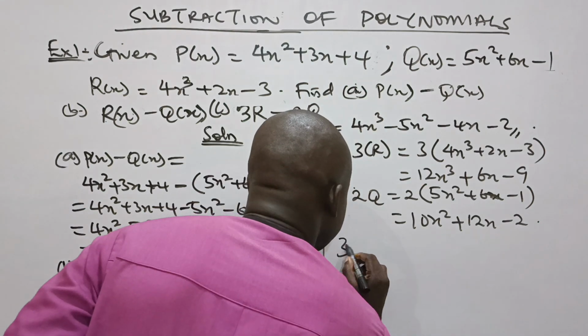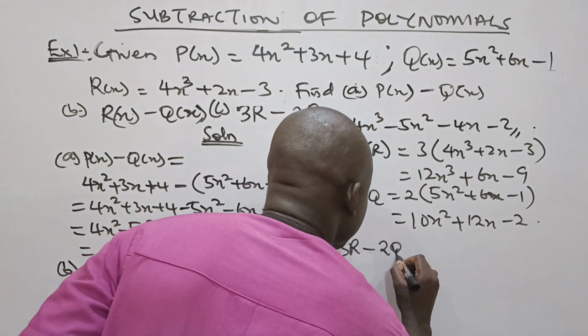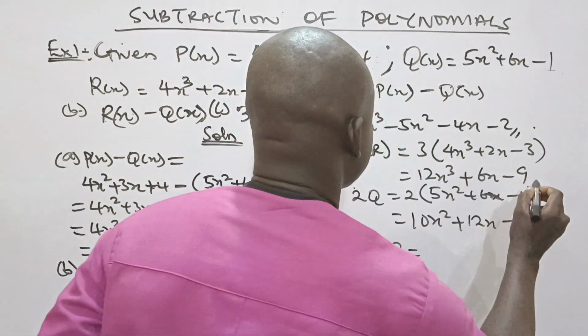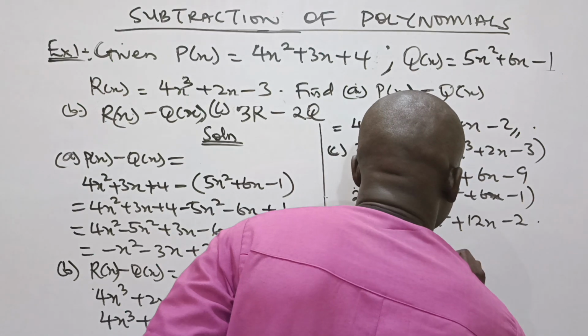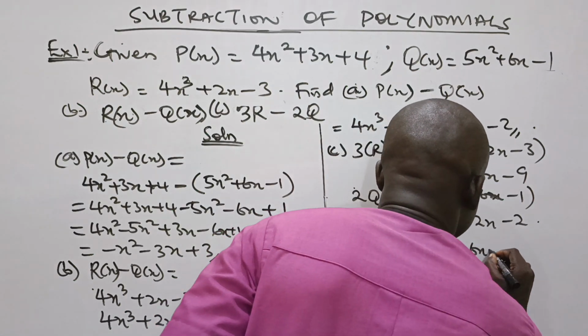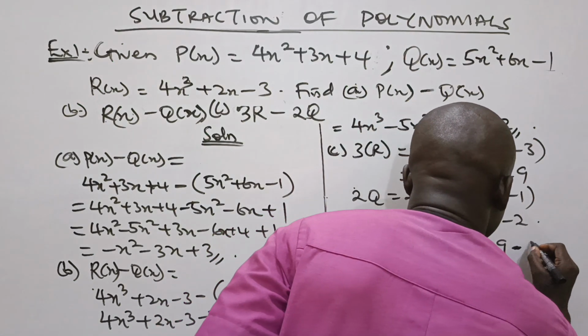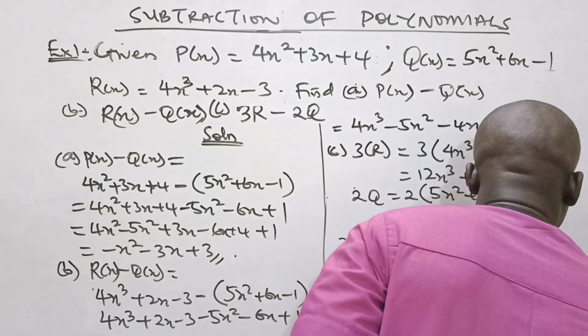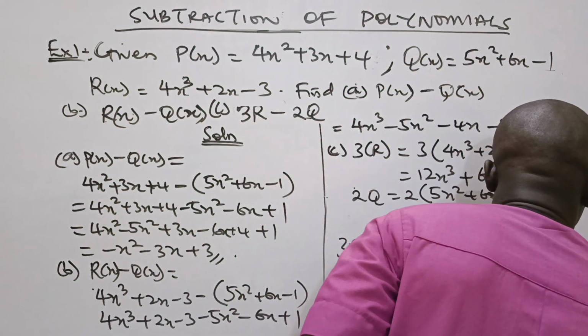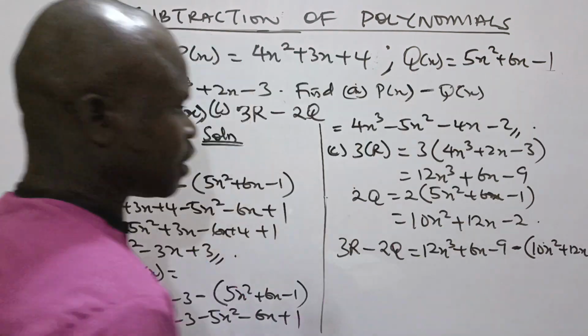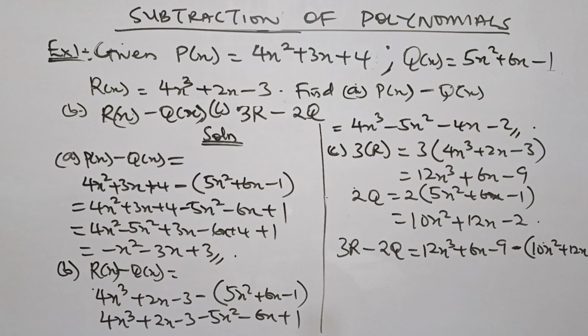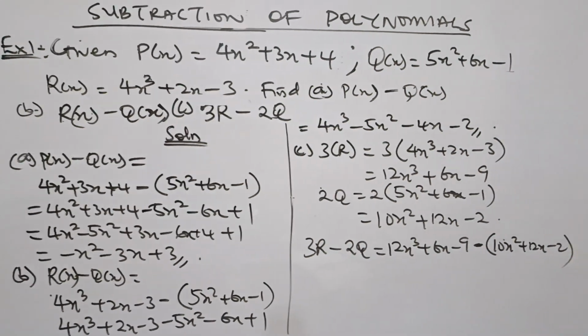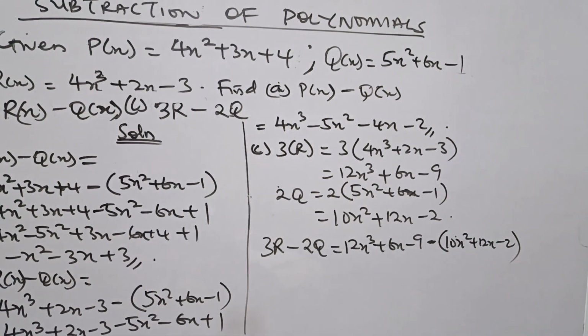So at the end of the day, 3R minus 2Q will now be, let's list out what we have: 3R, that's 12x cubed plus 6x minus 9, minus, into bracket, 10x squared plus 12x minus 2. That's what we are going to have. So minus will control everything there.